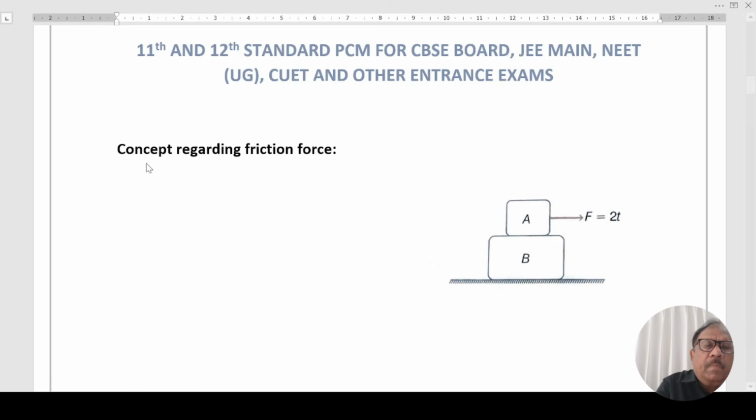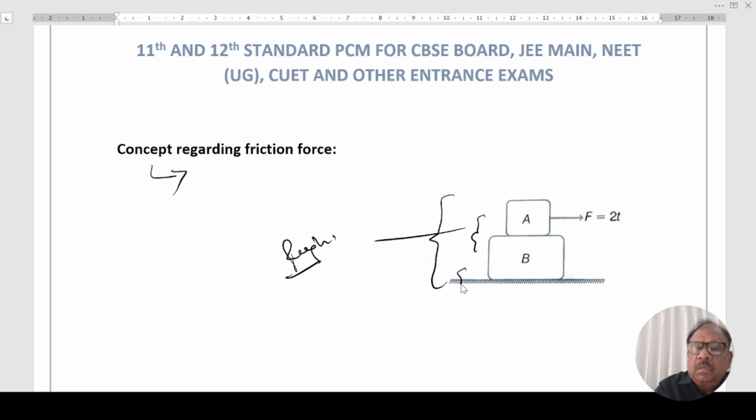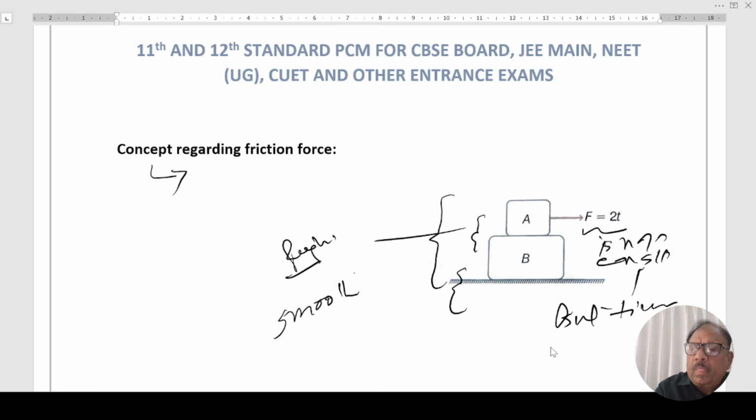Concept regarding friction force. When two bodies A and B, this is the rough surface, this is the smooth surface, and this force is not constant but time varying.